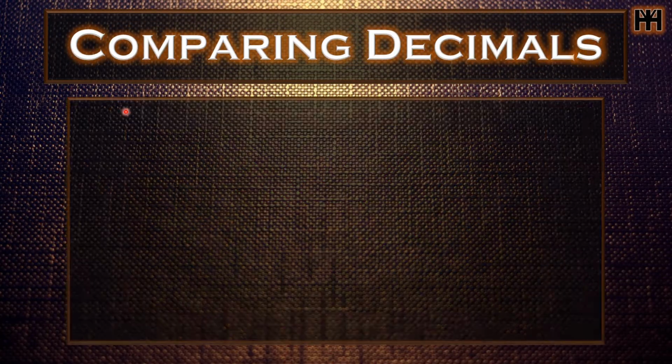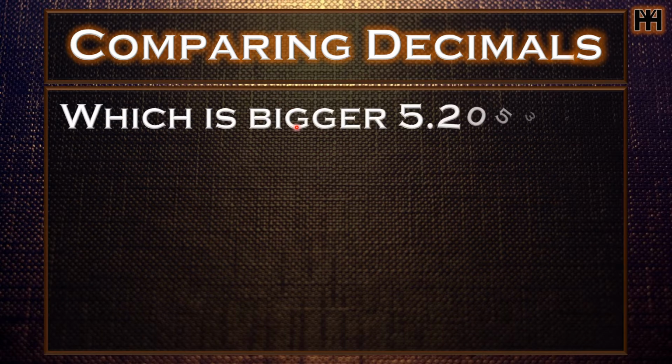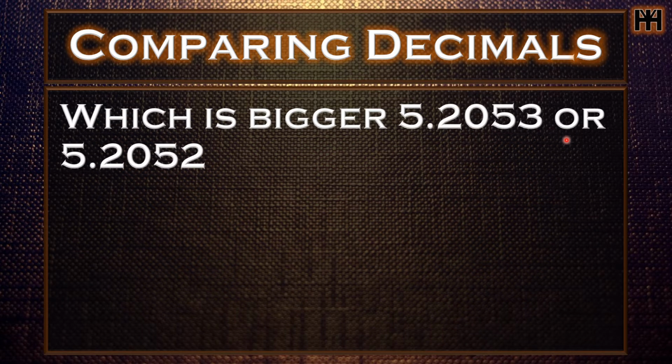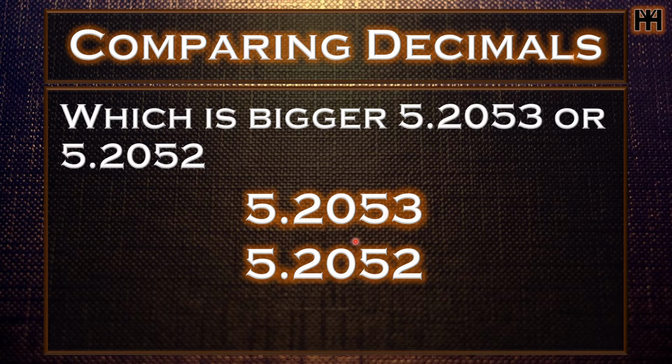Comparing decimals. Which is bigger, 5.2053 or 5.2052? First, we'll put the two numbers above each other like that. Then we'll compare each and every digit of them. We'll start from the left, from the 5.